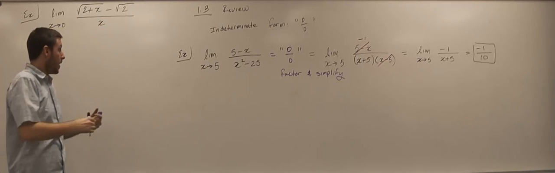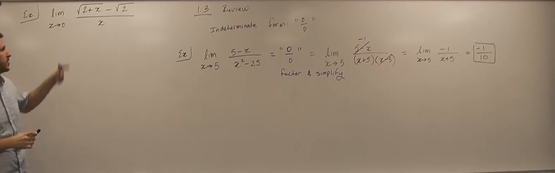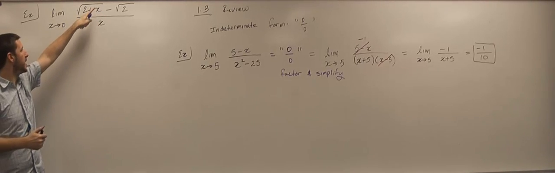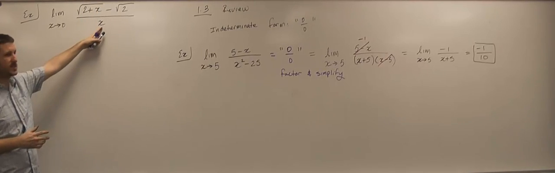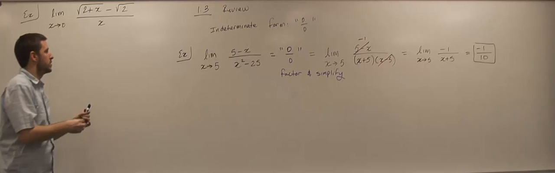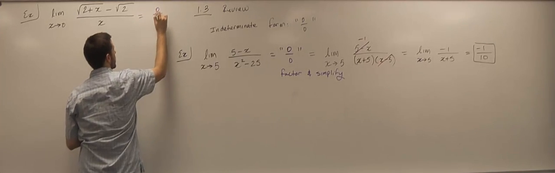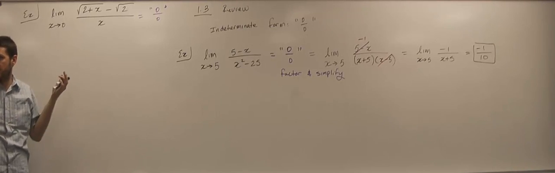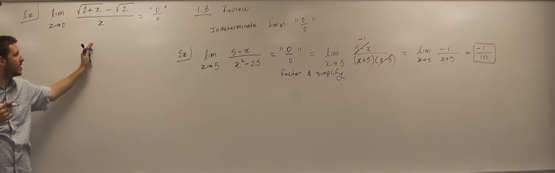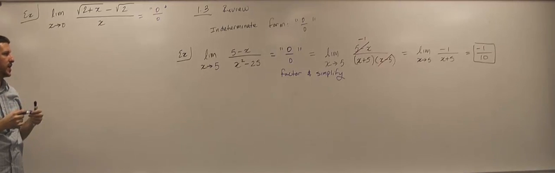Rationalize. So this guy is another 0 over 0 form, because if you put x equals 0, you get root 2 minus root 2, and if you put x equals 0 in the bottom, you get 0. So this is the same problem. But we're not going to factor and simplify in this case because it doesn't really factor. So instead, we're going to use our rationalize trick.